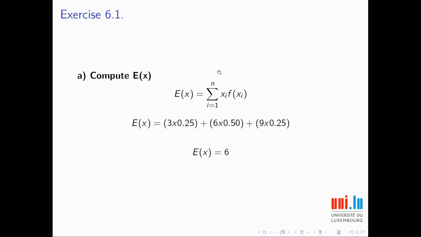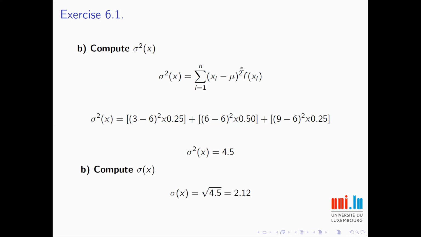Okay, so I think we can continue. The next step is to compute the dispersion. We use the information we got in the previous step about the mean we calculated. You also have to learn this formula by heart. It is just a weighted sum of quadratic variations of each value of our random variable.